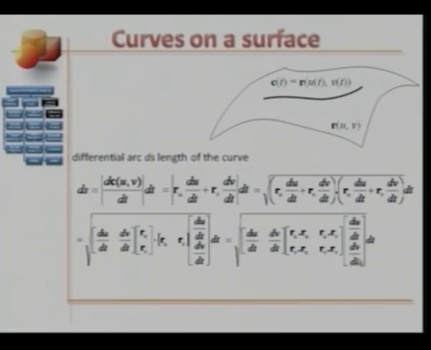And then we have this column matrix du over dt dv over dt.